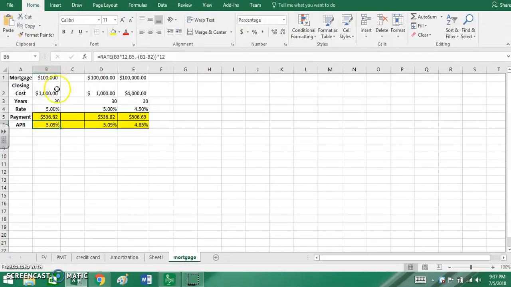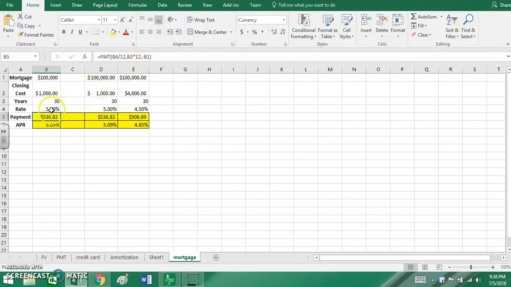So $100,000, closing costs are $1,000, 30-year mortgage, 5%. So my payment formula is the B4, which is the percent, divided by 12, and then B3, which is the years, times 12, and then the negative B1.